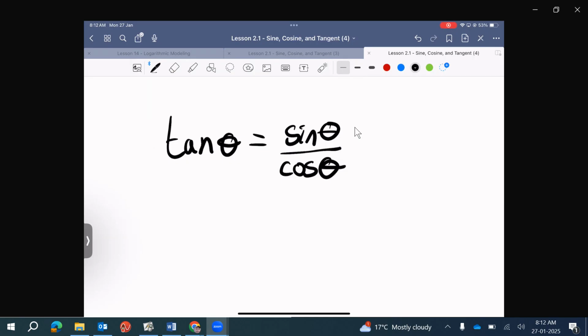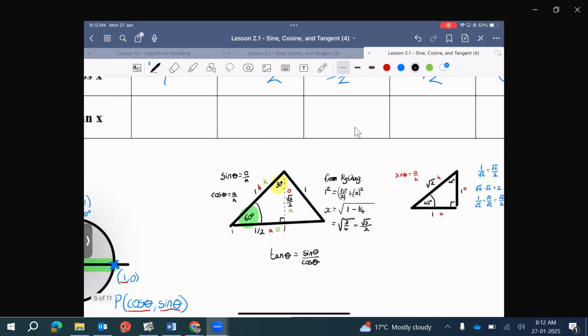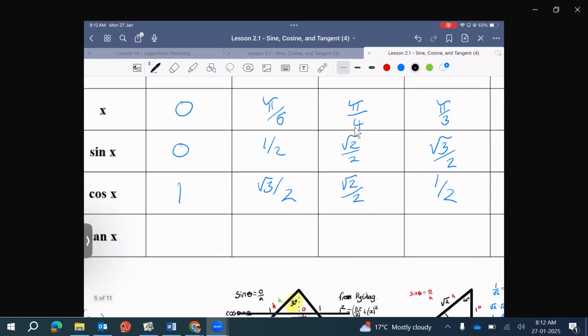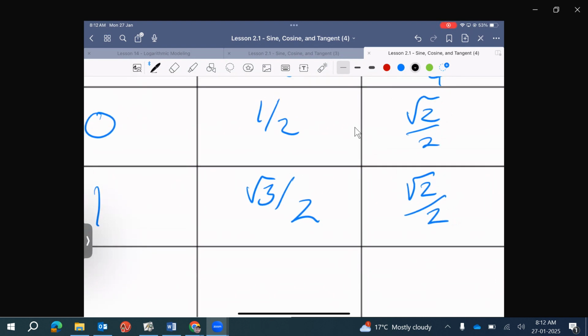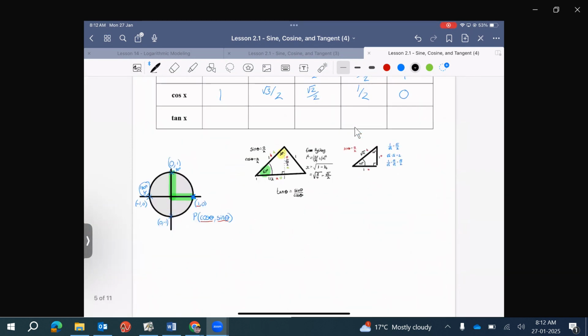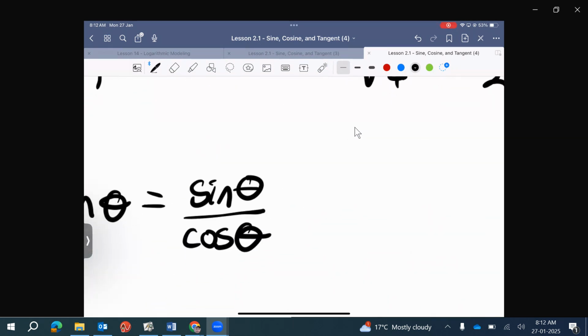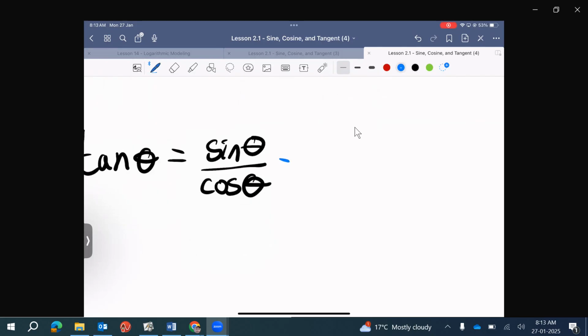This is a formula you should memorize or already know. Sine divided by cosine. So if we take a couple of these, let's say we take these two here, we've got 1 over 2, root 3 over 2. Let me just do the math for you on that one once. So we've got 1 over 2 divided by root 3 over 2.